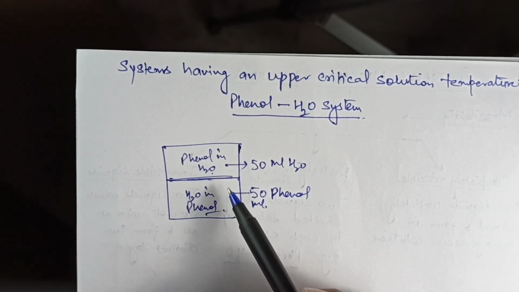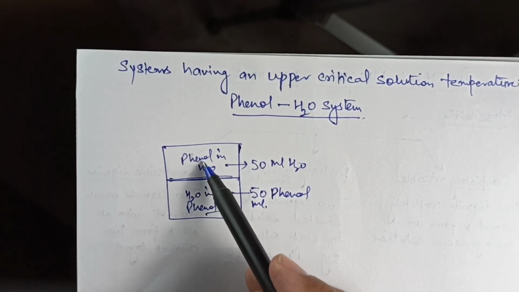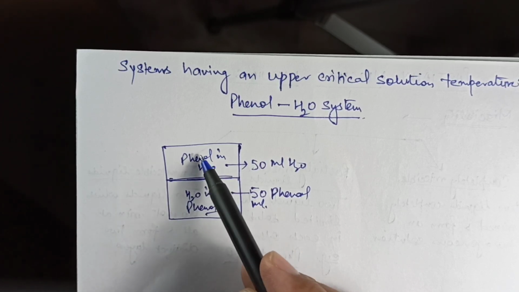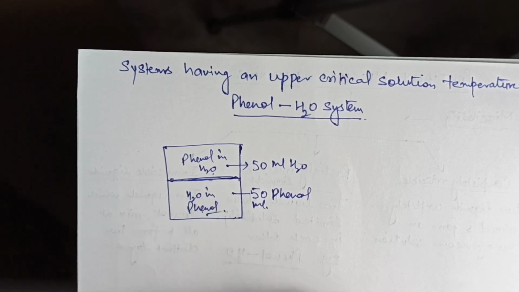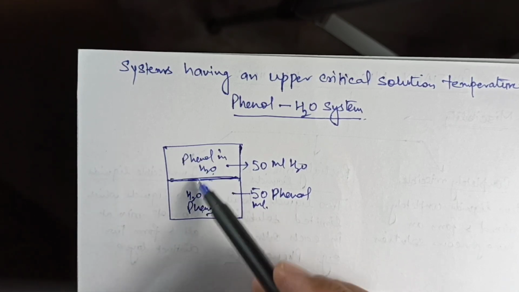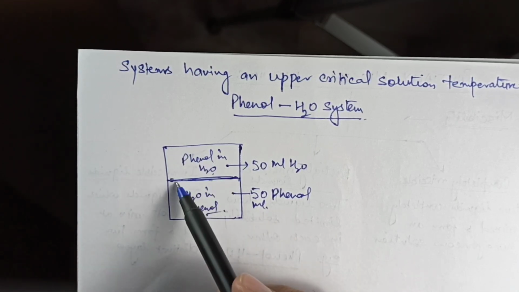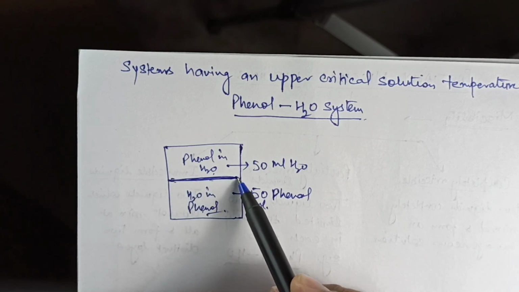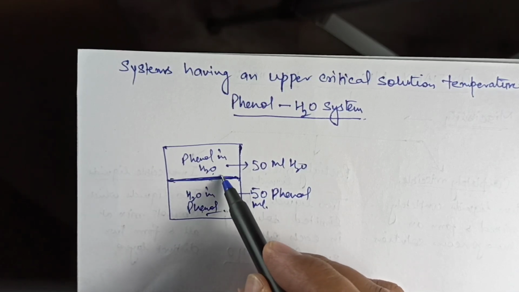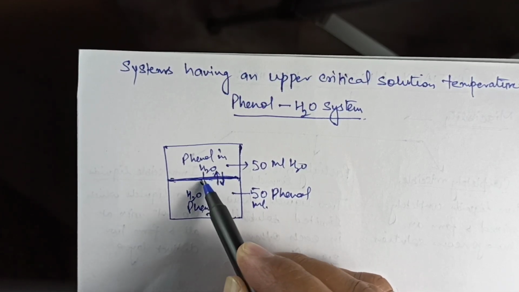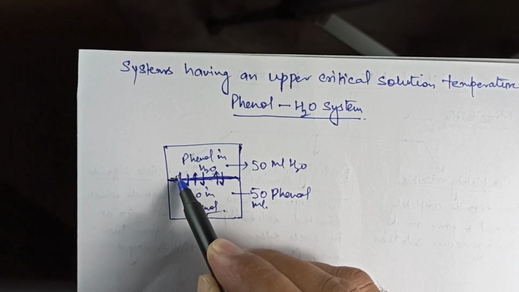Means small amount of phenol will go into the water solution and the small amount of water will go into the phenol solution, and both will be saturated solutions and there will be a distinct boundary between them. Okay, and these solutions are in equilibrium at this point when they form the saturated solutions.